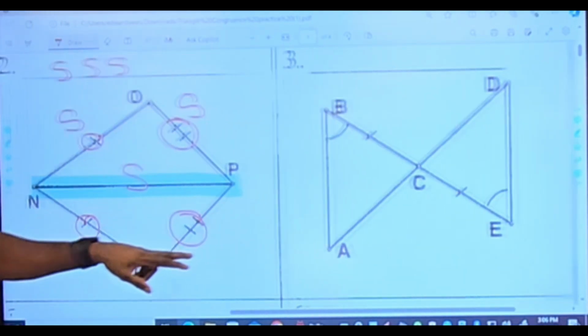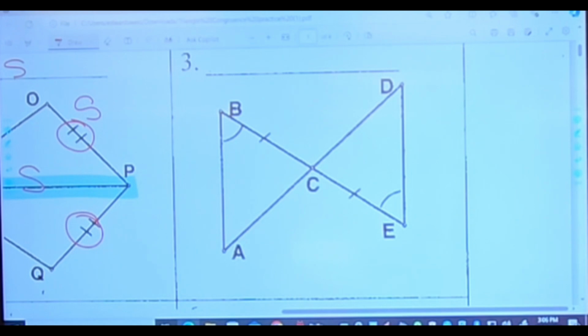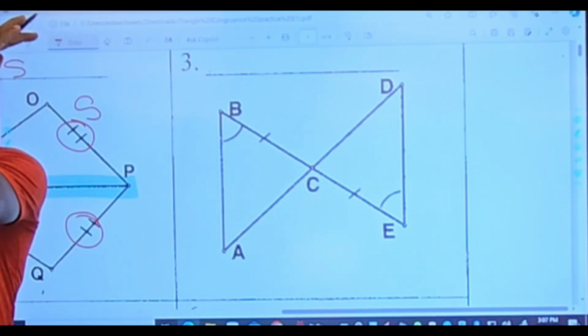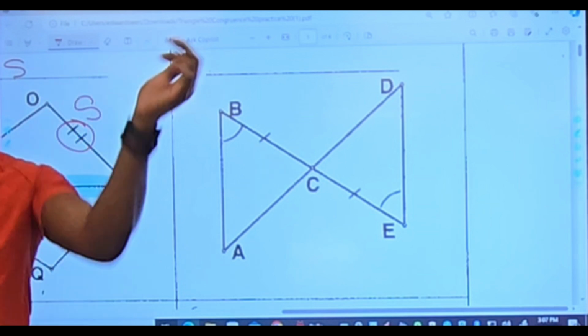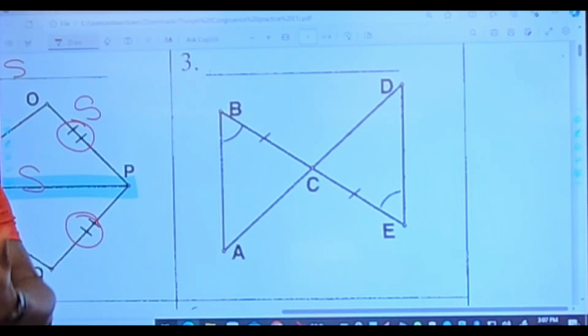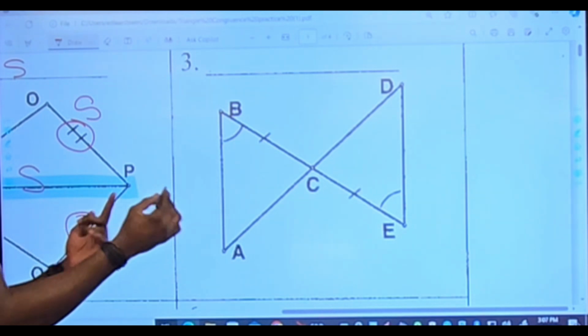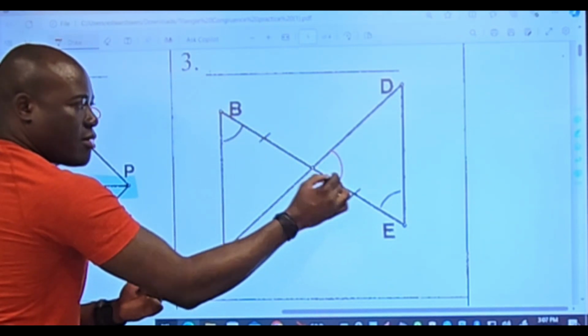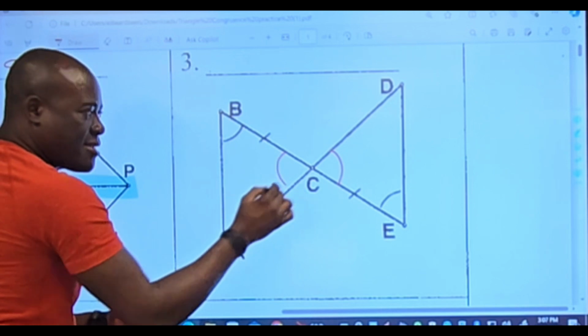Let's take a look at number 3. Sometimes a few of the angles may not be given depending on how the diagrams look. So in this case, we're seeing where two of our straight lines cross. Anybody remember what we say when the lines cross like this? What angles are formed? Vertical, right, yeah, vertical angles. So that means that right here, this angle at C here is the same.